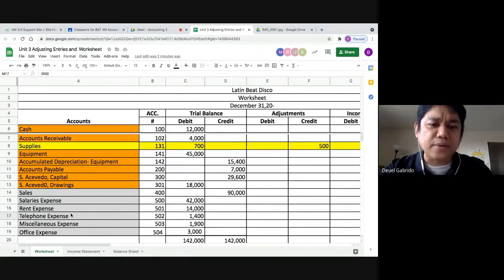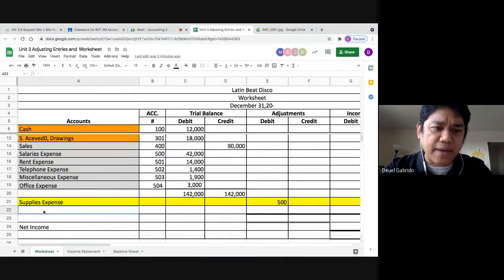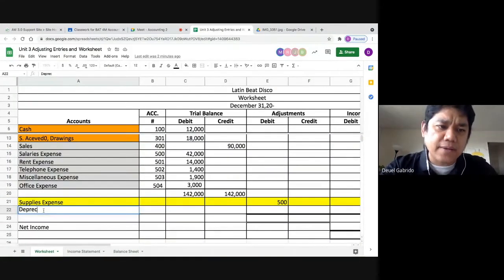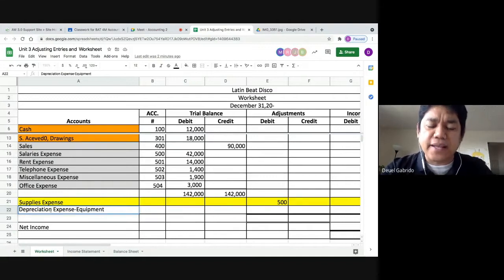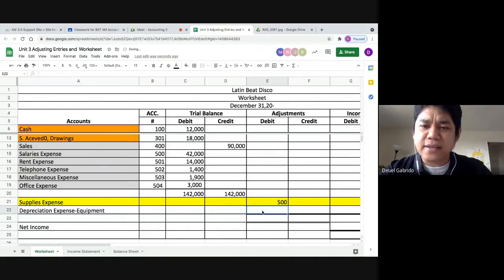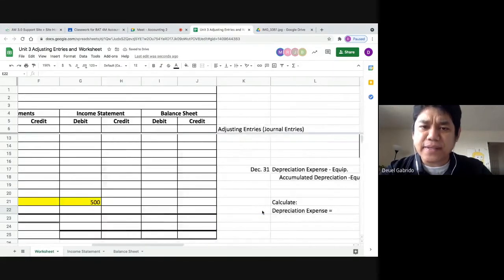No, so we will add it at the bottom, because it's an expense, guys, right? We have to include it here. And then we put the word equipment. It's an estimate. We didn't release cash, but we have to account. We need to recognize the expense. How much? It's 5,920, right?